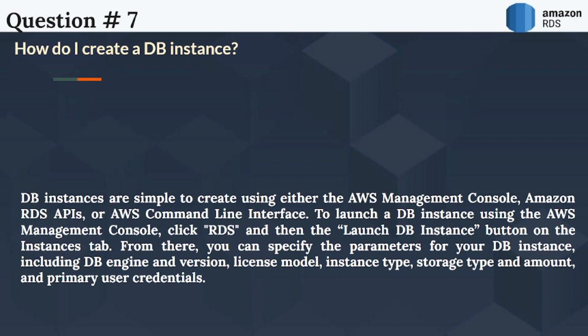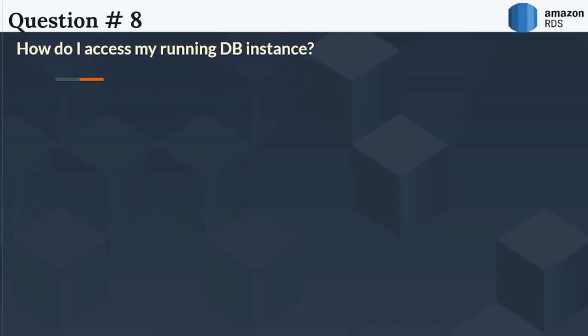From there, you can specify the parameters for your DB instance, including DB engine and version, license model, instance type, storage type and amount, and primary user credentials. Let's see the next question.